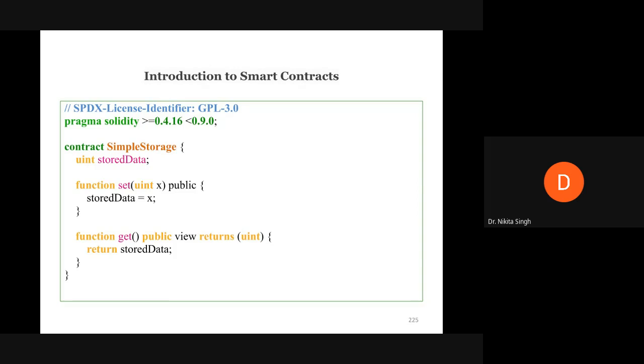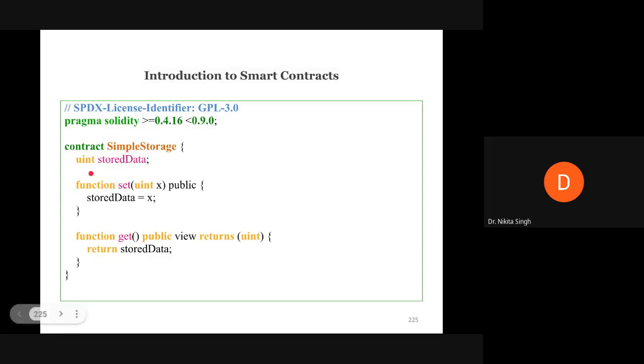And this code and data resides at a specific address on the Ethereum blockchain. All right. So here you are declaring the, like in Java you have your class type. Here also you say contract SimpleStorage. This is the name of your contract, and the name of the contract is SimpleStorage.